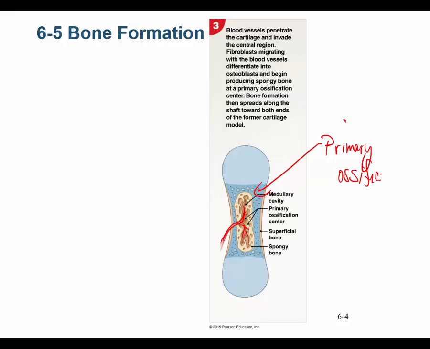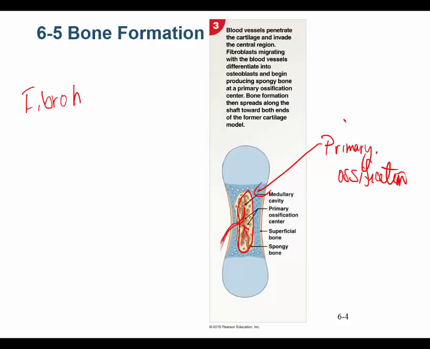Now what happens is blood vessels carry some fibroblasts with it into the center. Those fibroblasts differentiate into osteoblasts and lay down this bone. So my fibroblasts differentiate into osteoblasts and lay down bone. That shouldn't shock you too much, because what do fibroblasts make anyway?